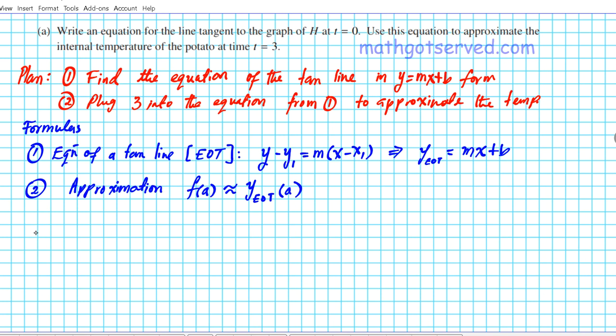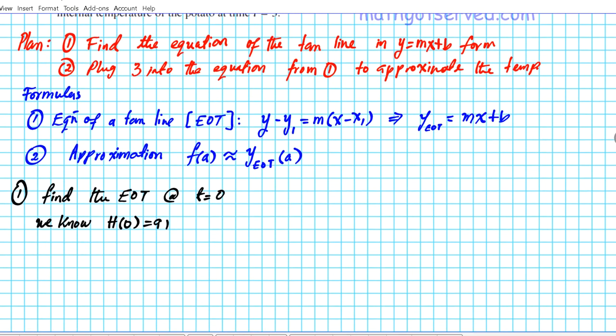Number 1. Part 1, we're going to find the equation of the tangent line at the specified point at t equals 0. So what we're given in the problem, we're told that h of 0 is 91. All right, so we know that h of 0 is 91. Now, in some problems you have y and x.